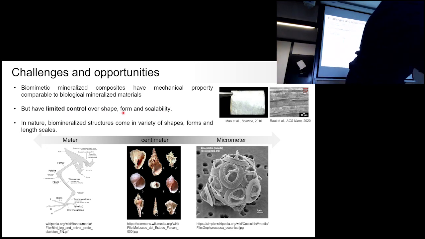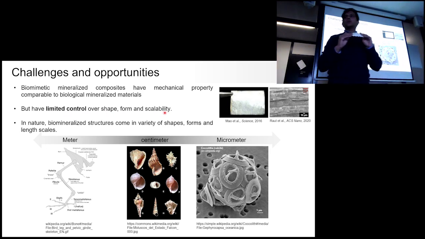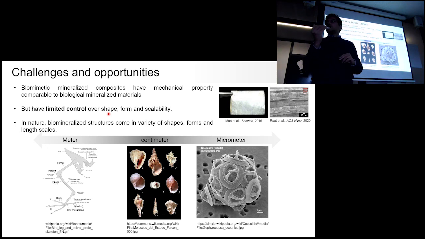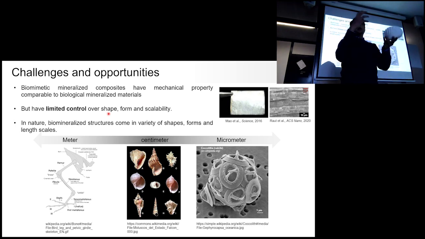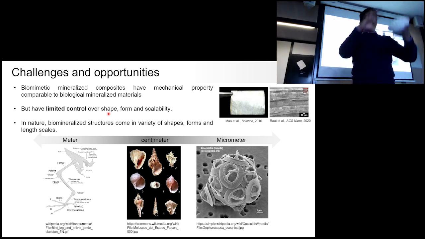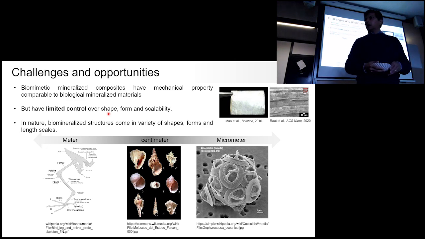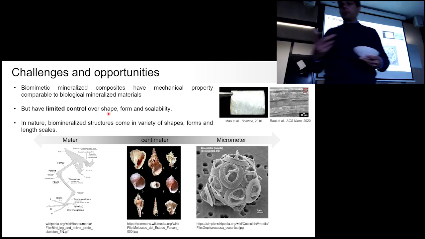This one has a well-defined shape. You have this composite structure embedded inside a macroscopic shell, and it has a design. But with the current approaches, it's very difficult to mimic proper design. If you want to use them for real applications like implants, you have to be able to impose a design, incorporating these composite structures within a well-defined, pre-designed geometry.